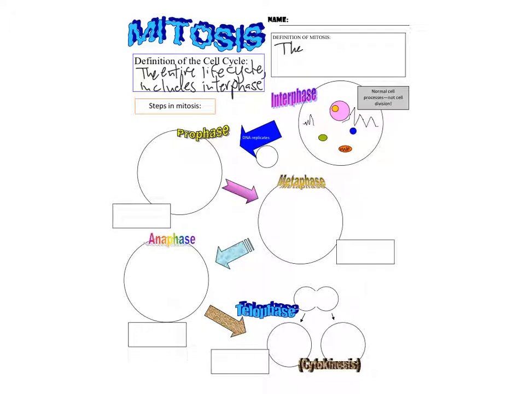So mitosis is the process of the cell dividing into two new cells.